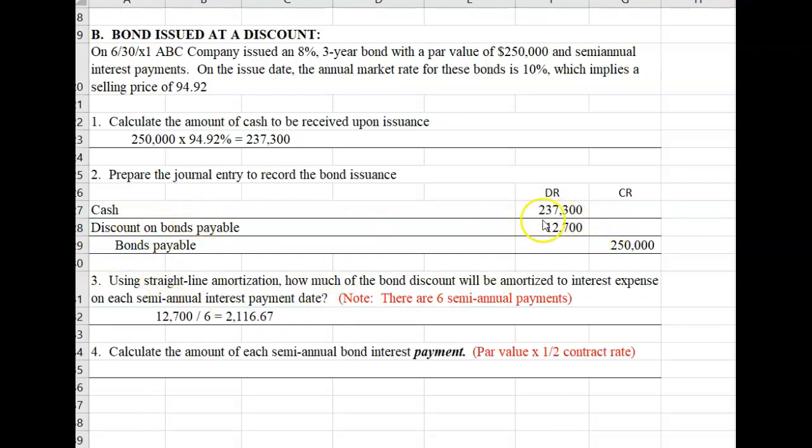The discount on bonds payable when the bond was issued had a debit balance of $12,700.